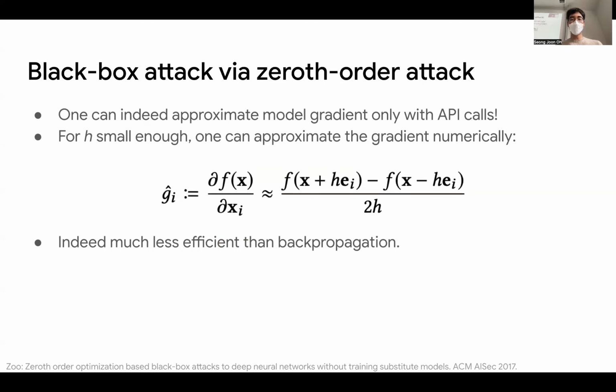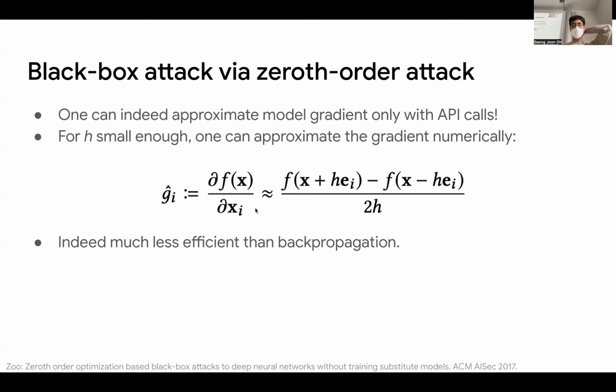The other attack is called zeroth order attack. You still wish to generate some kind of gradient, right? And actually, with a lot of API calls, you can generate gradients if you do numerical approximation of the gradient. So let's say for a 200 by 200 image, you have 120,000 pixels, including RGB values.